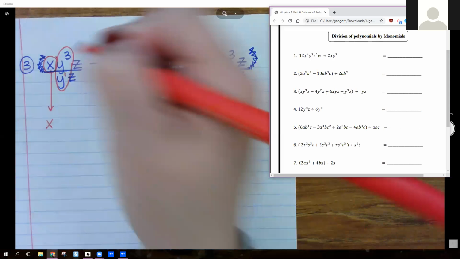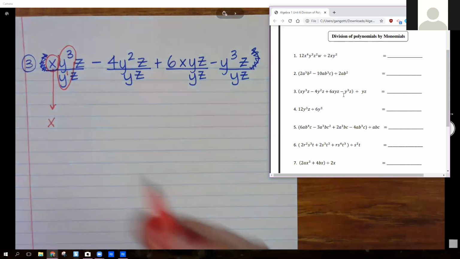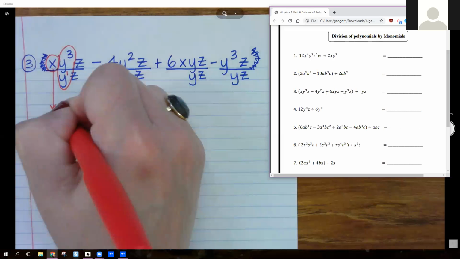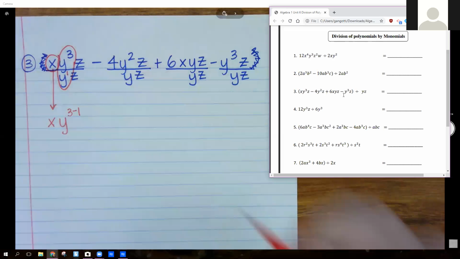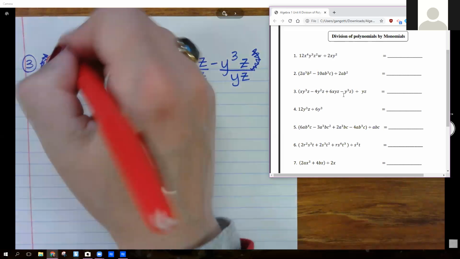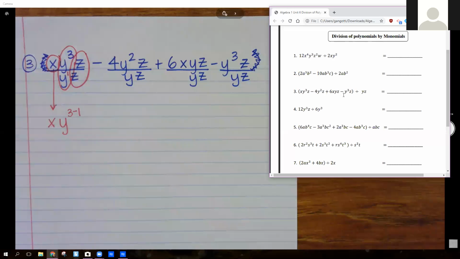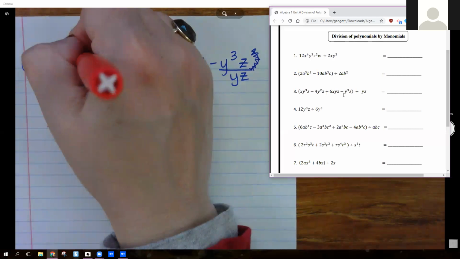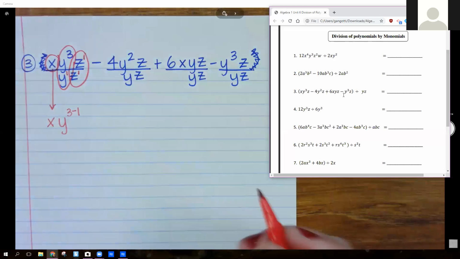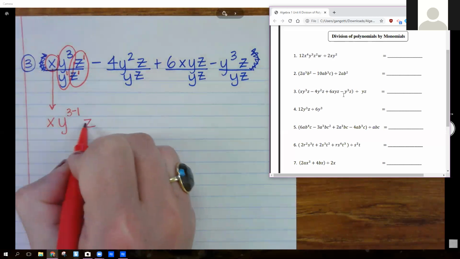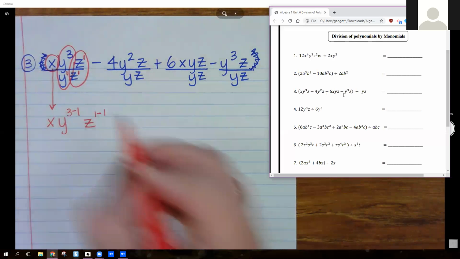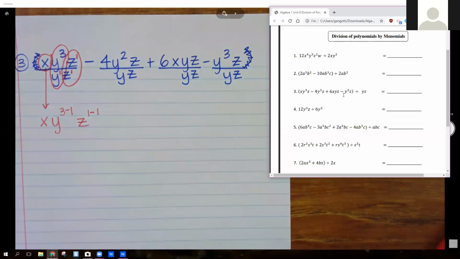Remember, this is y to the first power. So this will be y to the 3 minus 1. Circle your z's. Remember, these are little ones here and here. So this will be z to the 1 minus 1. Now we're going to put the minus sign.